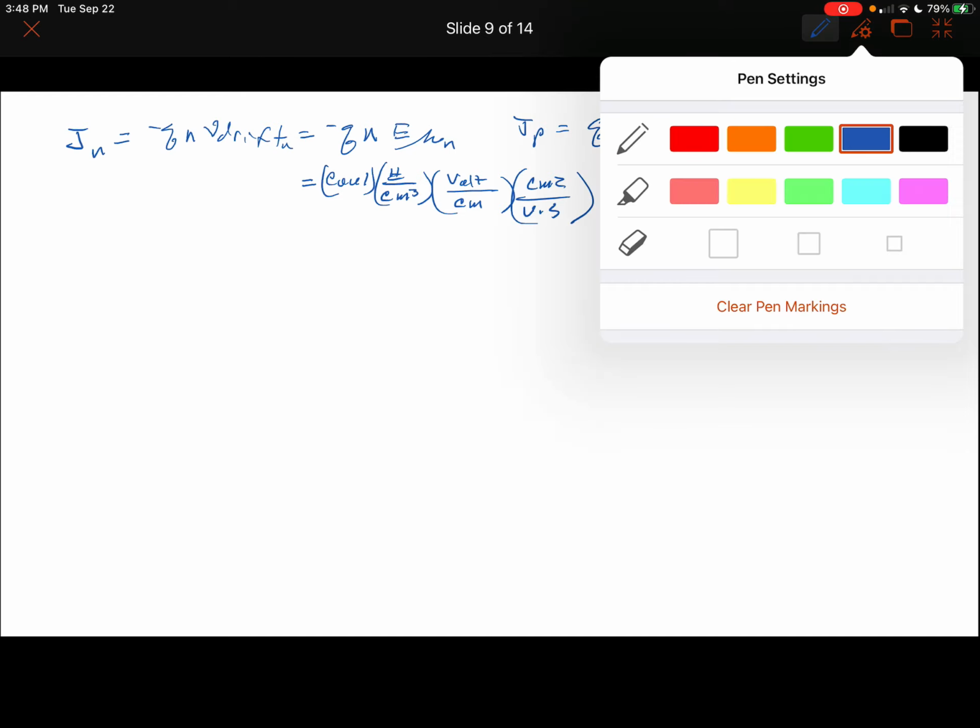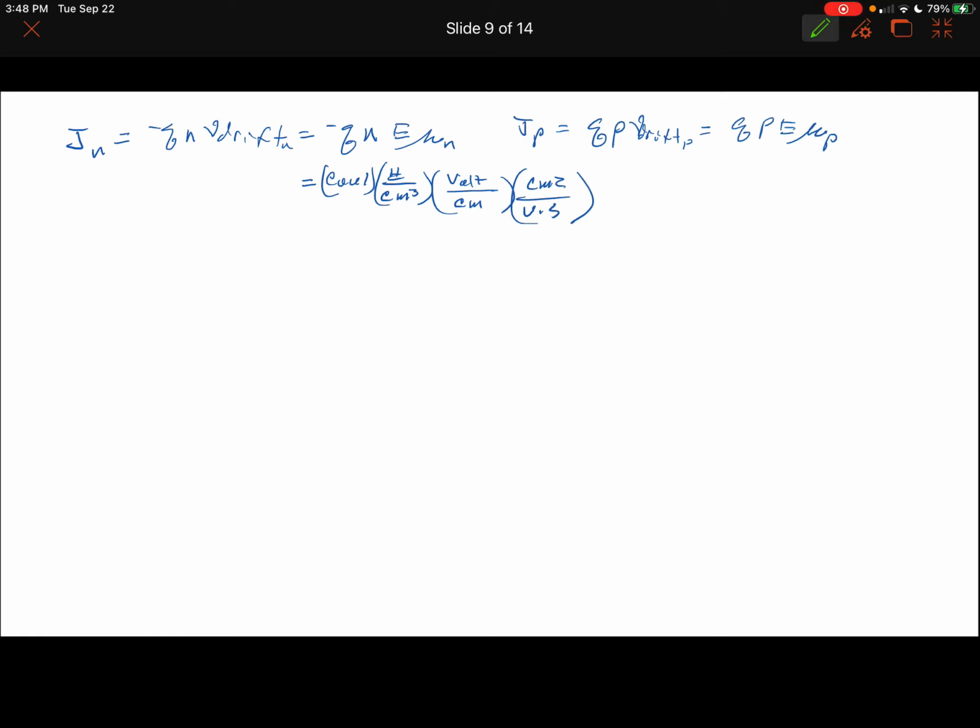If we multiply these all through, we've got centimeters squared. That's going to take care of that. We've got now centimeter times centimeter, so we've got per centimeter squared. We've got coulombs. We've got volts canceling off there. So we have coulombs per second times 1 over centimeter squared. So we get the same current density and the units work out again.